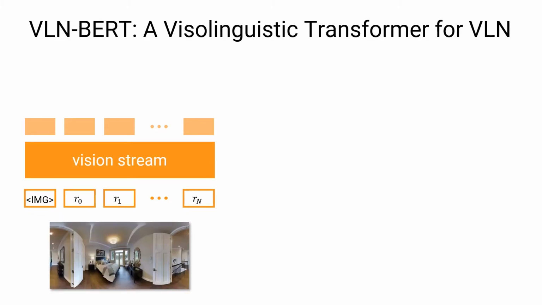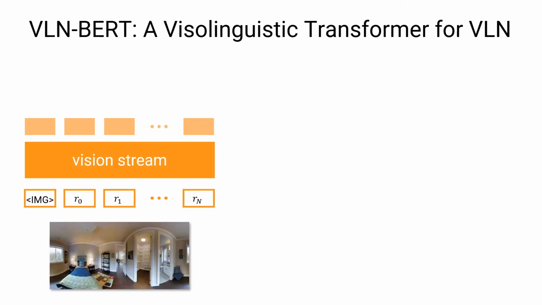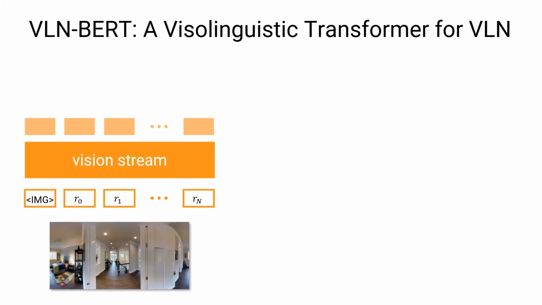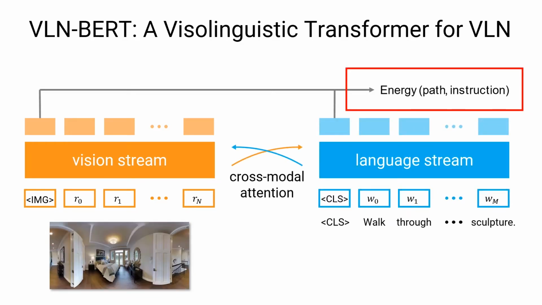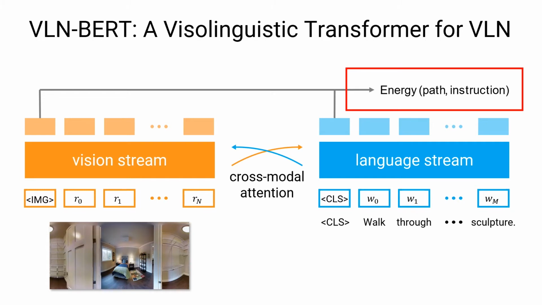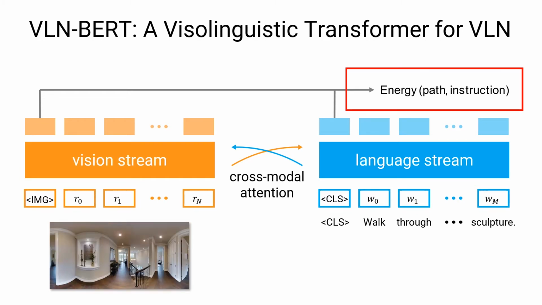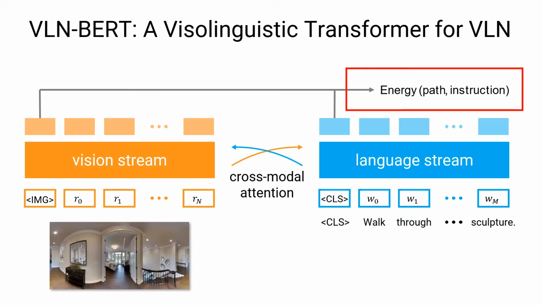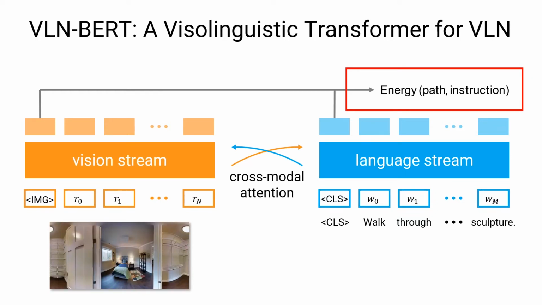Our paper includes additional details on the considerations we made for processing image regions from a sequence of panoramas. The output from our model is a score that measures the compatibility between the visual observations and the navigation instructions. We use this score to rank paths to solve a path selection task in VLN.